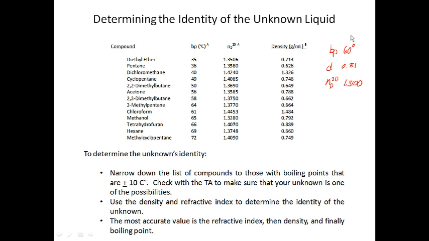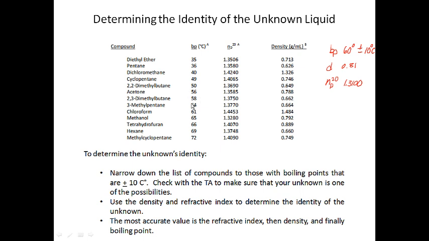All right. The procedure says to identify the unknown by using the boiling point and then using a combination of density and refractive index. The least accurate of these physical properties is the boiling point. So what we're going to do is we're going to take our boiling point and I'm going to come up with a range of plus or minus 10 degrees on that in order to narrow down my list.